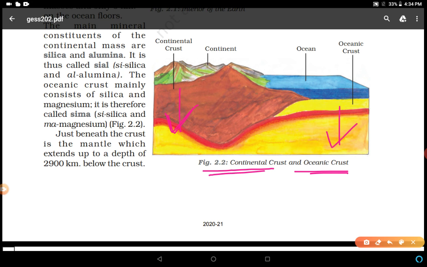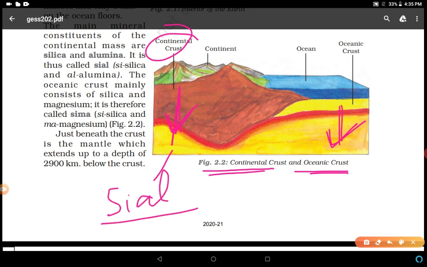The continental crust is made up of silica and alumina, so it is known as Sial, right?